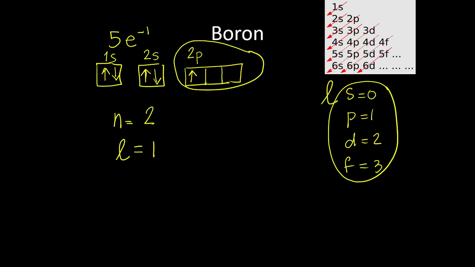Okay? Next. The magnetic quantum number. So, take note, this is negative 1, 0, positive 1. Where did I last place my arrow? Arrow up. Where is it, in negative 1, 0, or positive 1? Where? Okay, I will put it here at negative 1, because the last arrow I placed, the arrow up, is in negative 1.